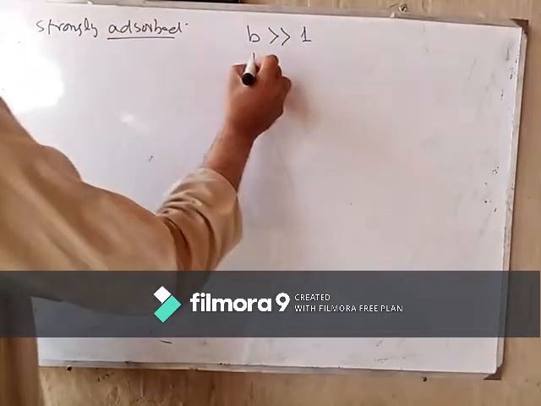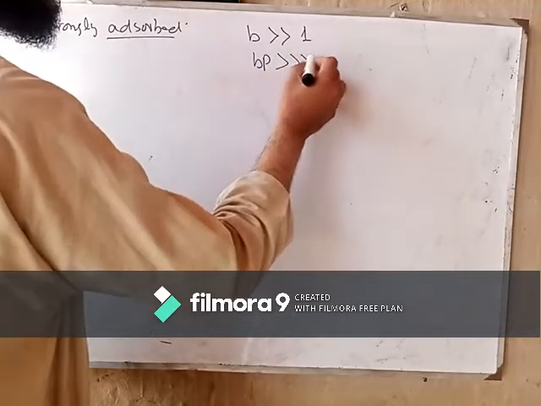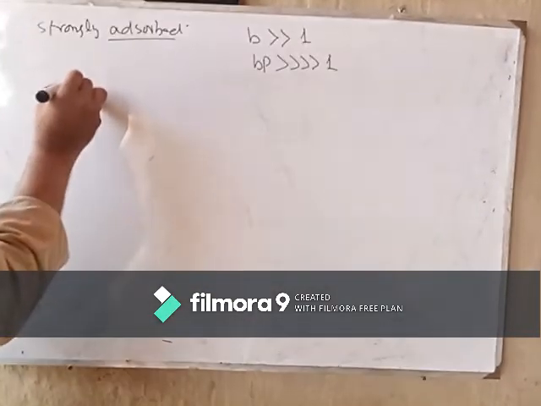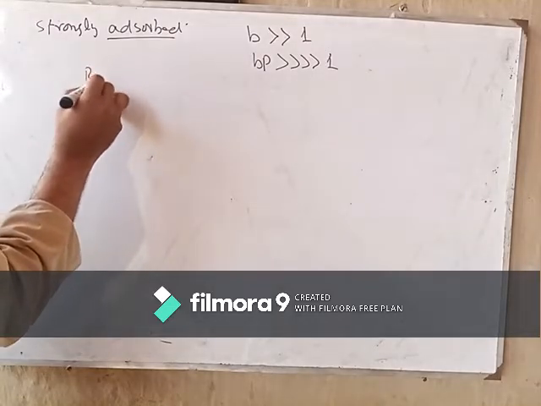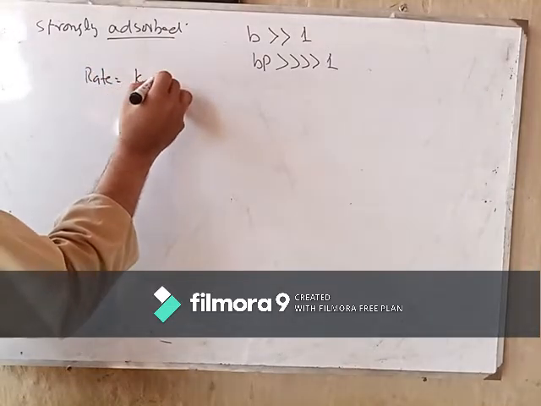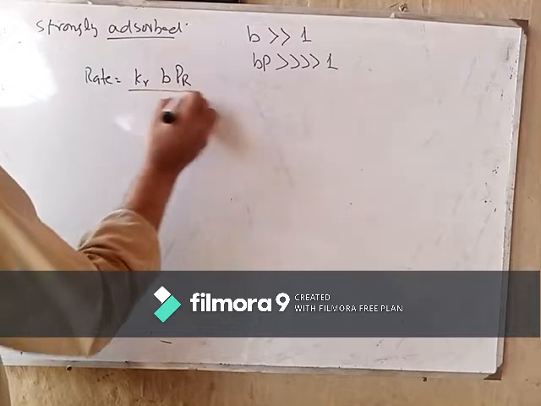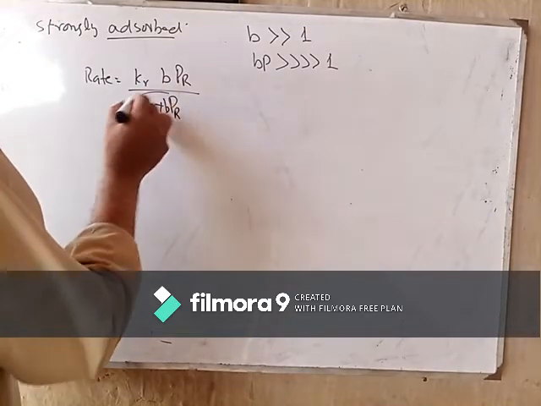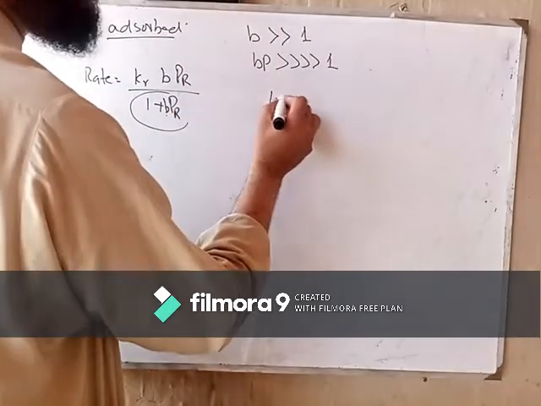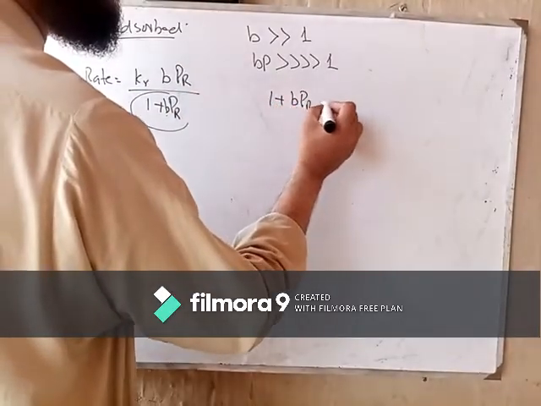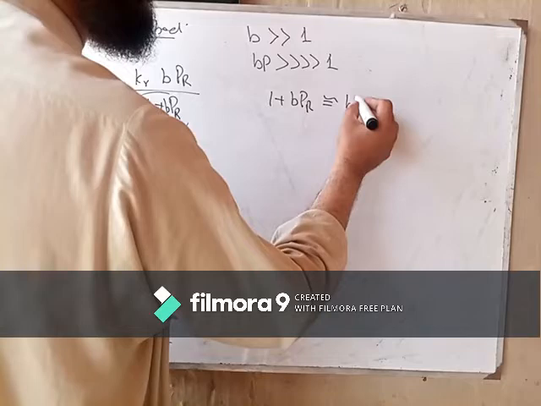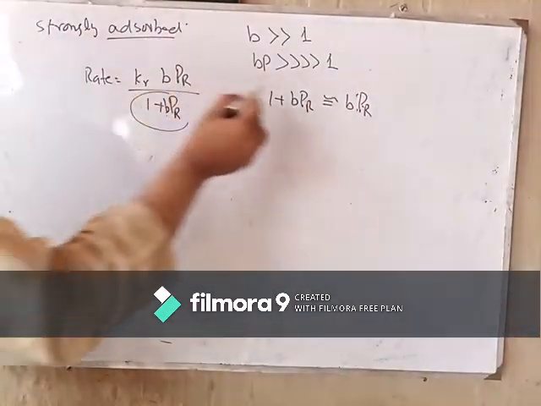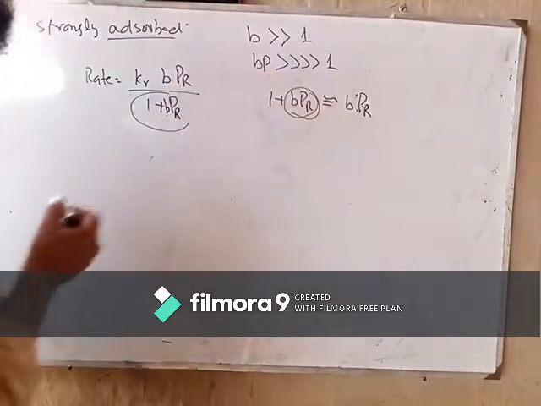So BP would be much greater than 1. So therefore, in the equation, rate is equal to Kr B PR and 1 plus B PR. इस केस में डिनोमिनेटर में इस 1 को इग्नोर कर लेते हैं. 1 plus B PR would be equal to B and PR, because this term is much higher than 1.